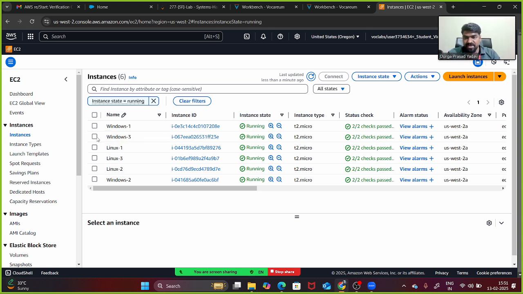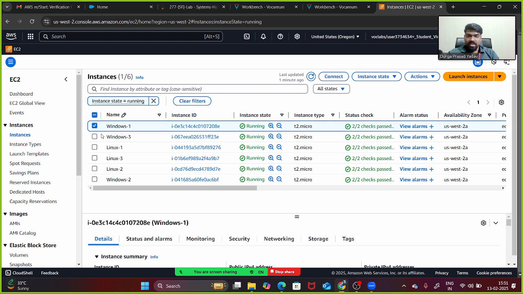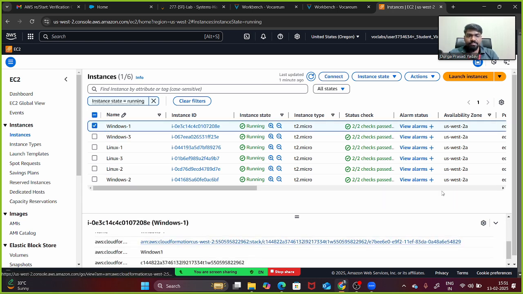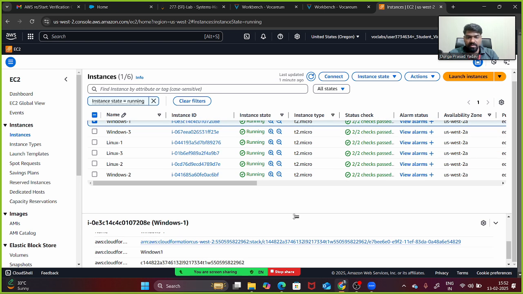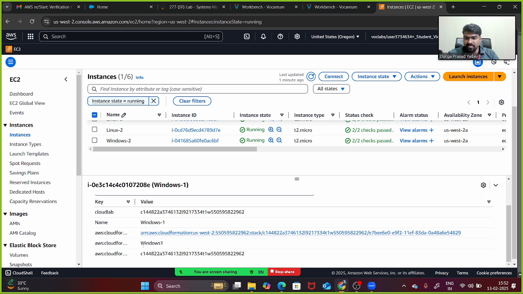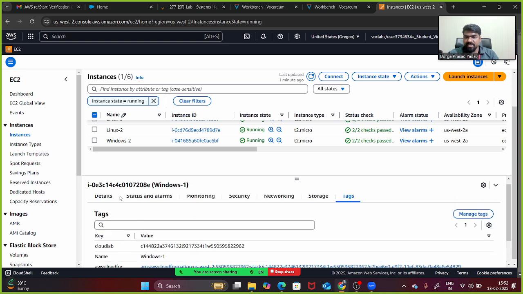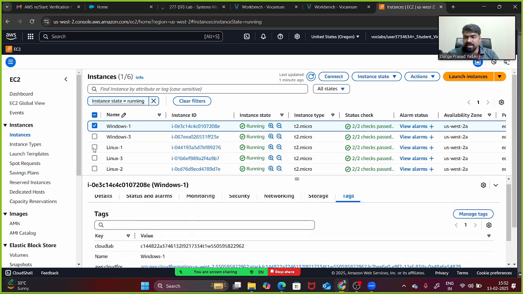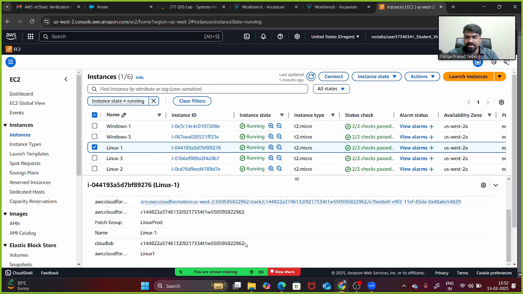So for example, if I'm checking the Windows machine, and what all the names that have been given here, tag, you see here it is Windows 1, and Windows 1 only tag has been given. For Linux 1, the tag is Linux prod. Patch group has been given Linux prod. So there is one more name given here as Linux prod.